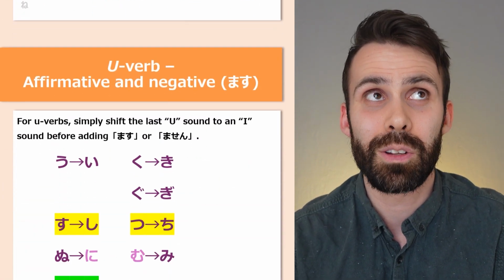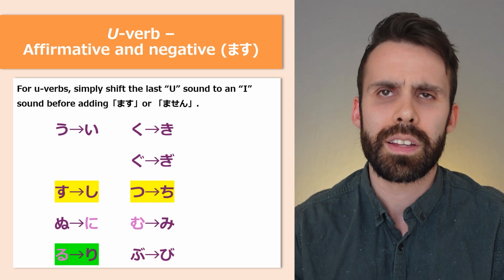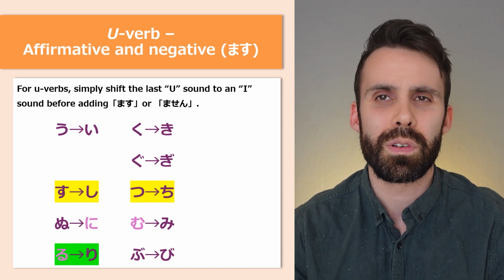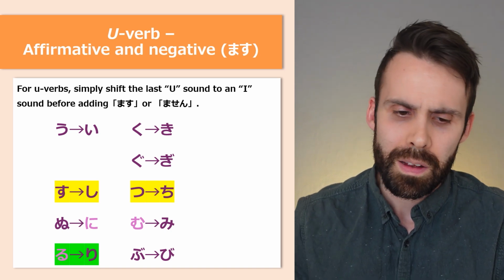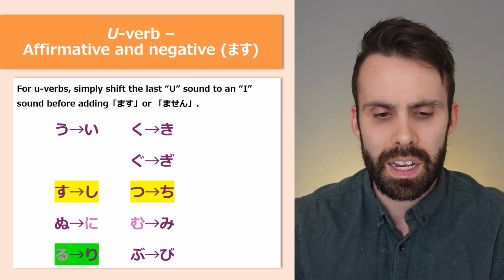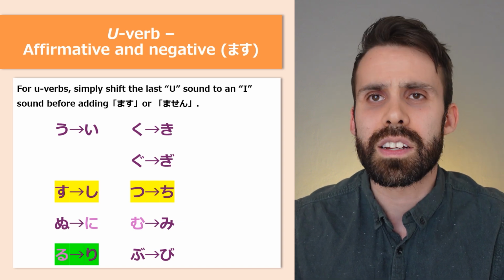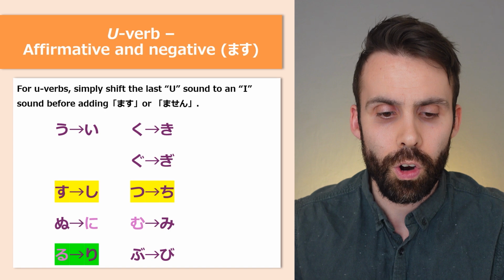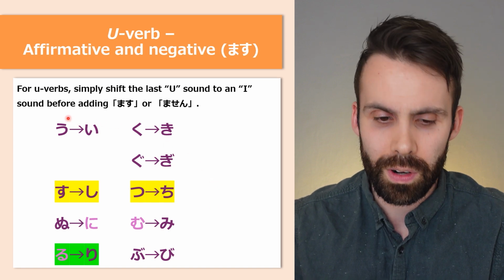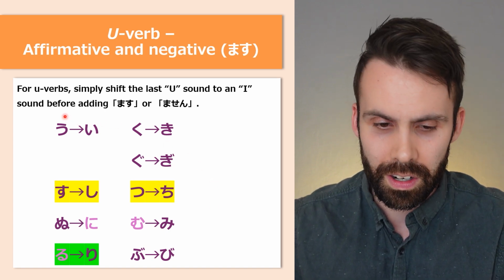Great? So simple enough. As we move on to the u verbs, it might seem a little bit more complicated, and I guess it is a little bit more complicated, but it's not as complicated as maybe the book would like you to believe, because all you're doing is moving the last sound over to the I category of the hiragana chart. I'll show you in a second.